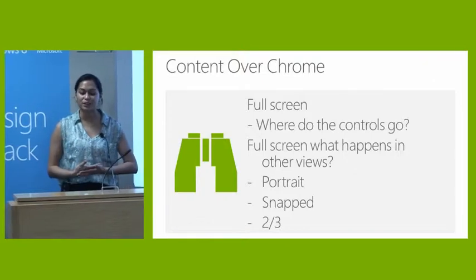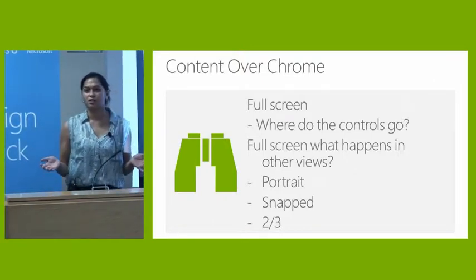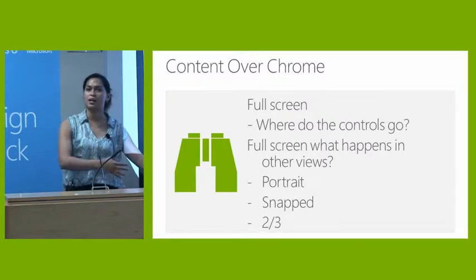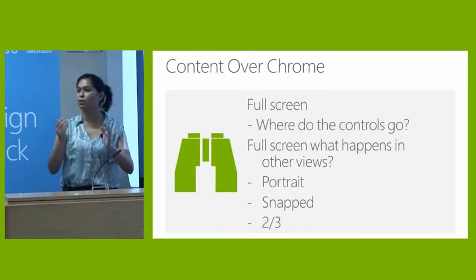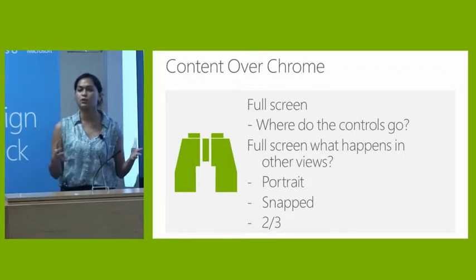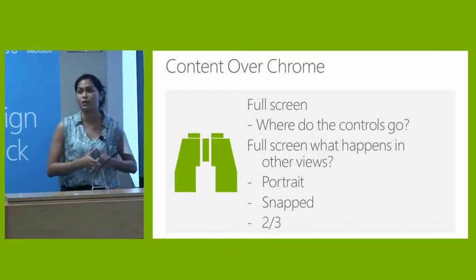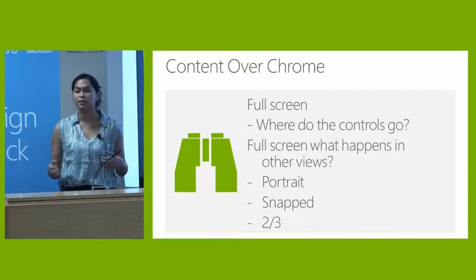So for full screen, the question became, where do the controls go, right? Okay, if I look at what I had on the detail view, let's keep those controls in the app bar. And if the user needs them, they can pull up the app bar. Well, what about the seek that we had actually placed on the page? Does it in full screen really need to be on the page all the time, when really they want a full screen view of this video playing so that they can enjoy it?